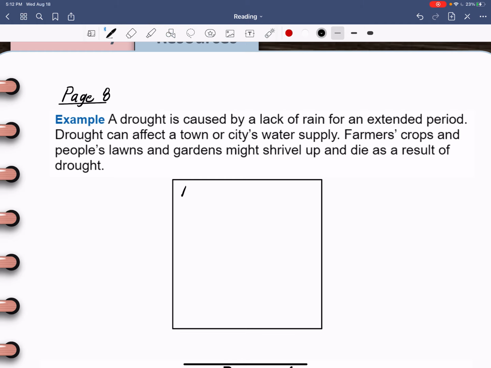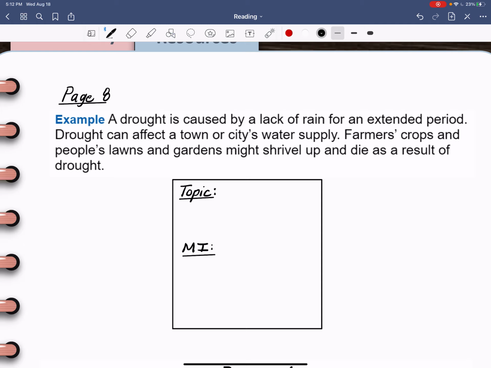So let's just review topic and our main idea sentence. Anytime I read something, I try to answer these 2 questions. What is the topic? What is the main idea?